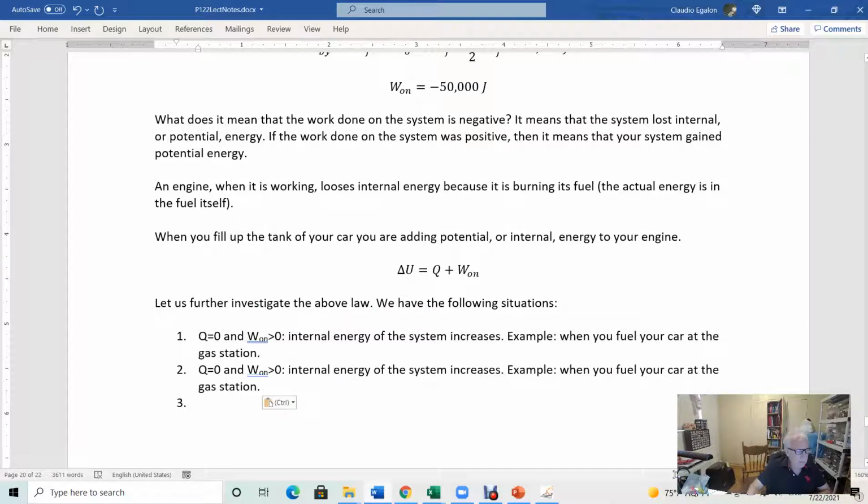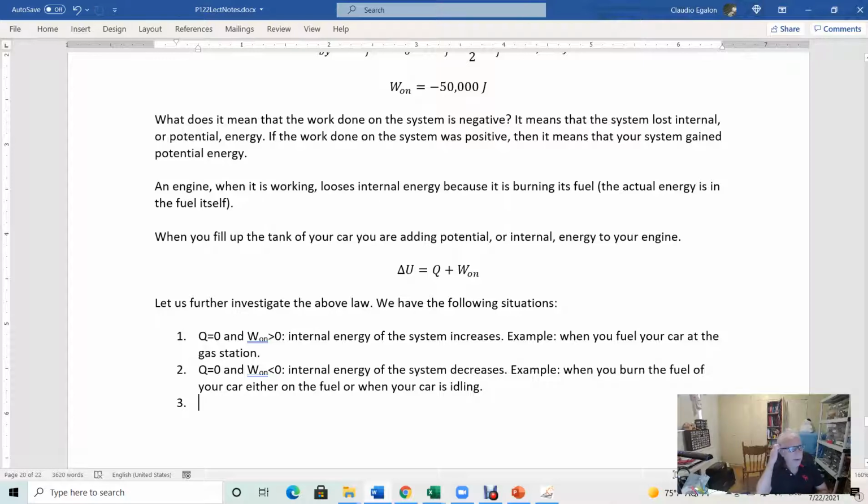The other possibility is heat equal to 0, but now the work on the system is negative. Internal energy of the system decreases. Example, when you burn the fuel of your car, either on the freeway or when your car is idling.